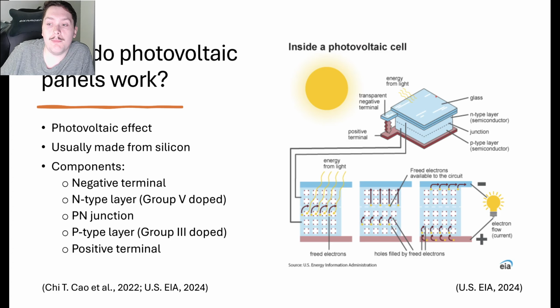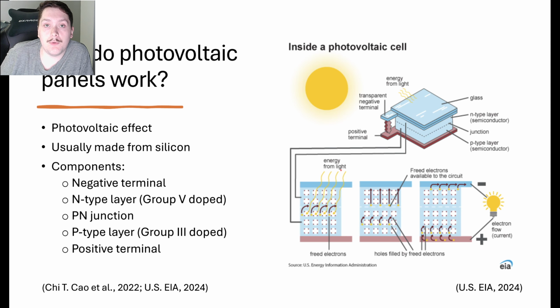So there are a couple of components that you need to know about. There's obviously the glass component, which has an anti-reflective chemical to help absorb more and reflect less. There is the negative terminal, which will serve as a channel for electrons, as I will talk about in a moment. And then there's the N-type layer.